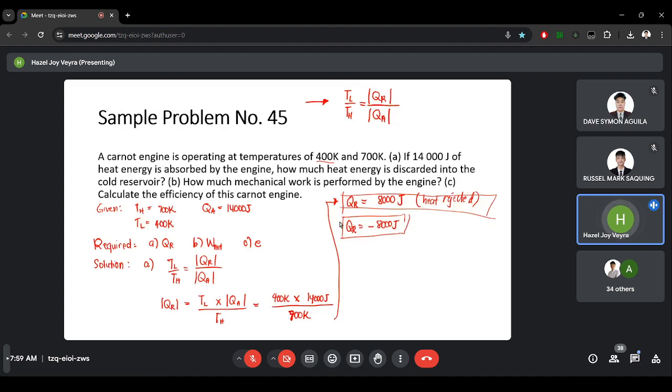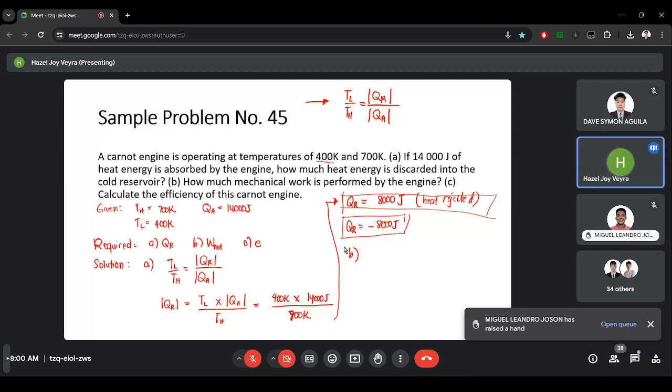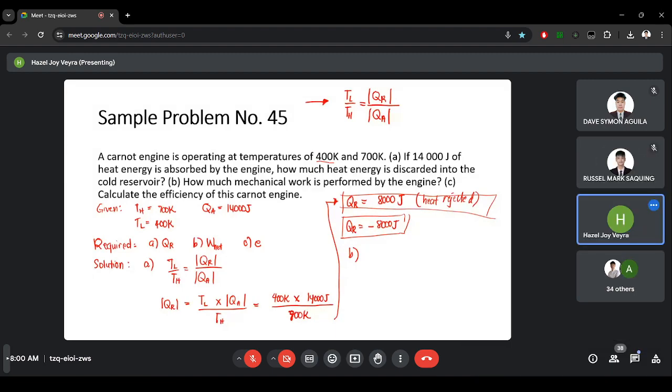Okay? So thank you, Mr. Saki. So letter B, QNet, WorkNet. Who wants to try? Mr. Hosen? To get the work net, we will use the formula QA minus QR.